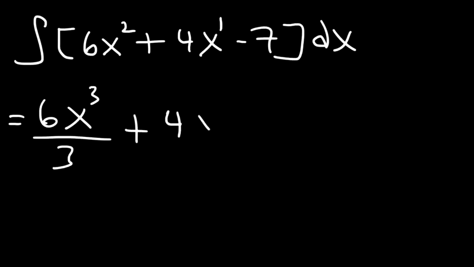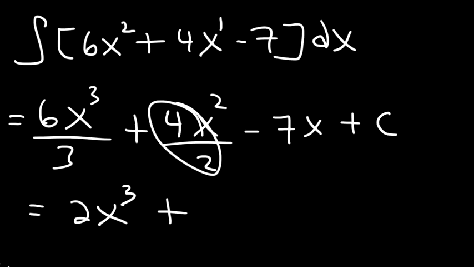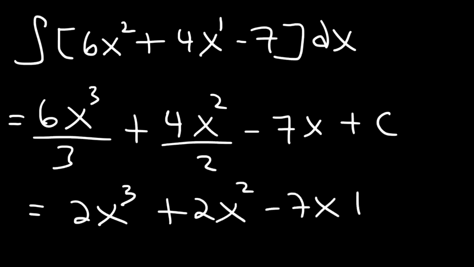And then let's add 1 to this exponent. So 1 plus 1 is 2, and then divide by 2. And the antiderivative of -7 is -7x. Now let's simplify it. So 6 divided by 3 is 2. And then 4 divided by 2, that's 2. And so this is going to be the answer for this problem.